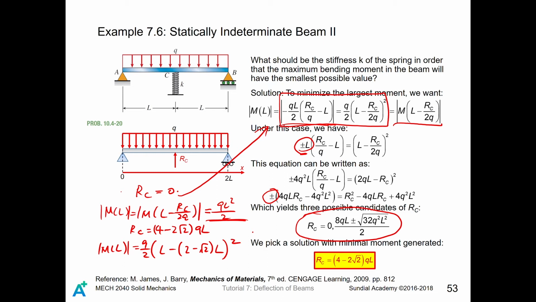So the things inside the bracket will now become Q divided by 2 L squared times square root 2 minus 1 squared.